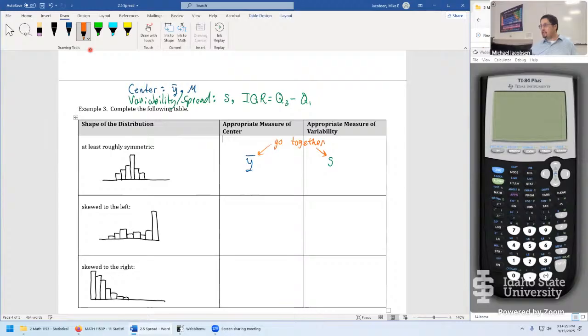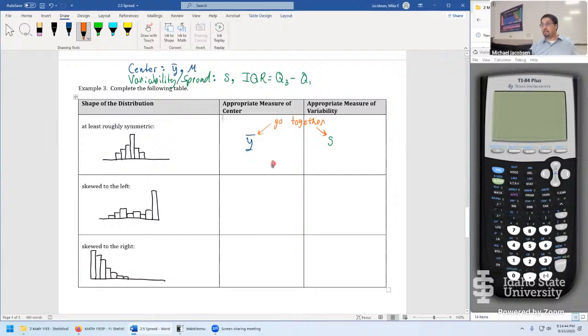In other words, we would not mix y bar with the interquartile range. We wouldn't mix the median with the standard deviation S. We would always put these two statistics together when we're measuring center and then the variability. Does that make sense to folks so far with that first row?